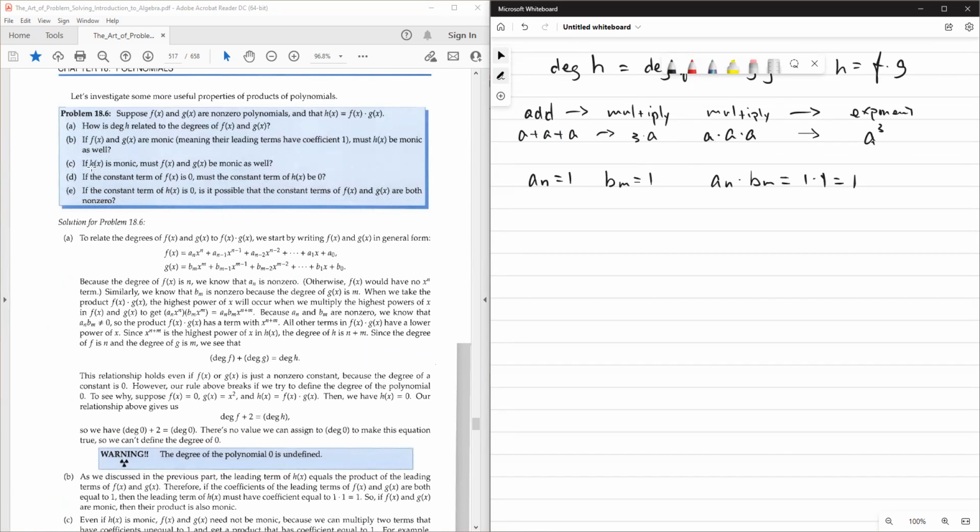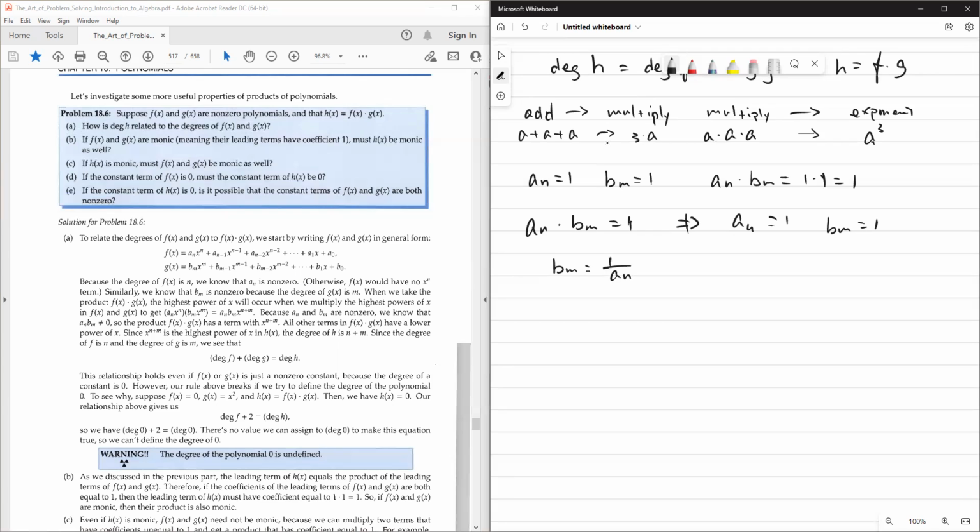On the other hand, if h of x is monic, must f and g also be monic? That's not true, right? We can draw this conclusion. If a_n multiplied by b_m equals 1, it doesn't mean a_n equals 1 and b_m equals 1. It just means b_m equals 1 over a_n.